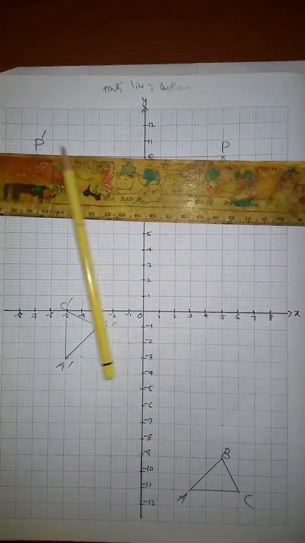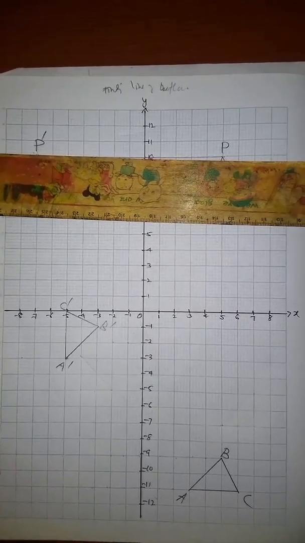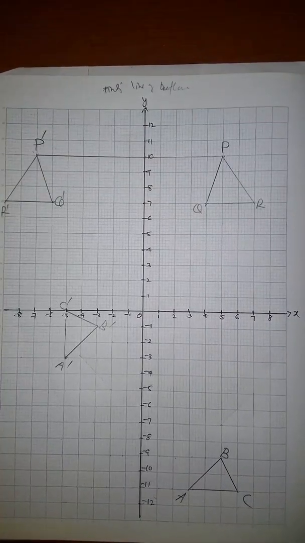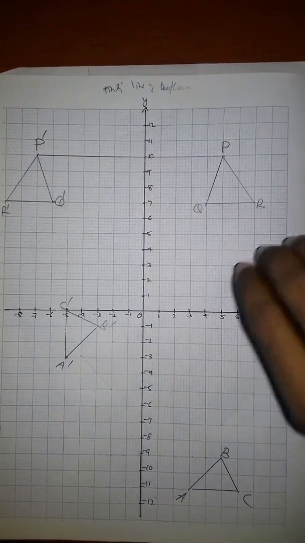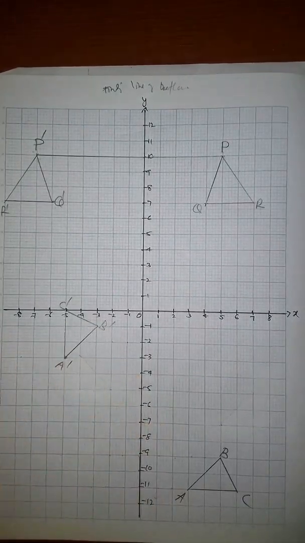Right. Now I drew a line joining a pair of corresponding object and image points.